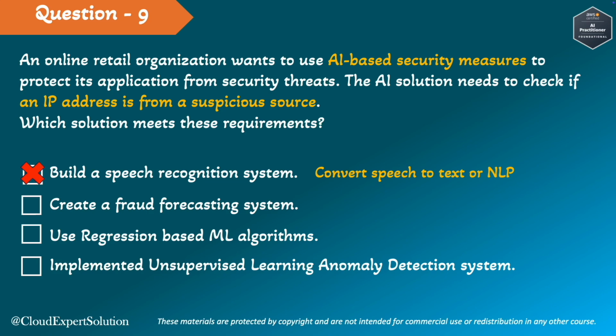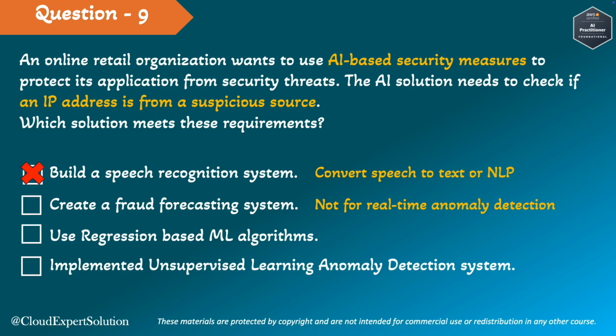Option number 2, create a fraud forecasting system. While a fraud forecasting system can be useful for predicting fraudulent activity, it typically relies on historical data and supervised learning. It is not specifically designed for real-time anomaly detection of IP addresses.